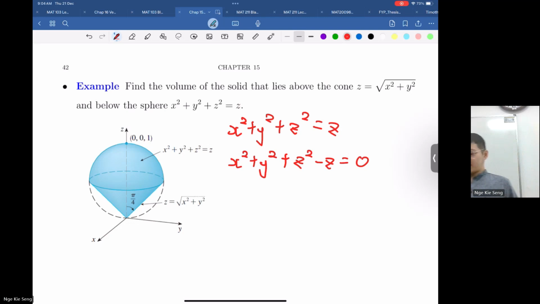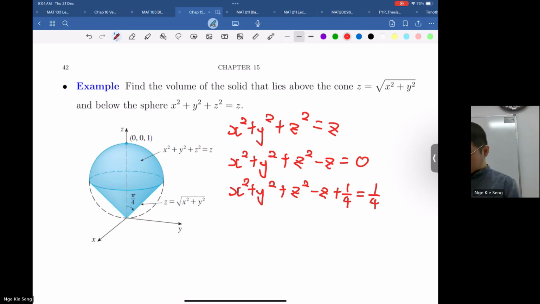1/4. Let me think. See if we can factorize this. So this will become z minus 1/2 squared.